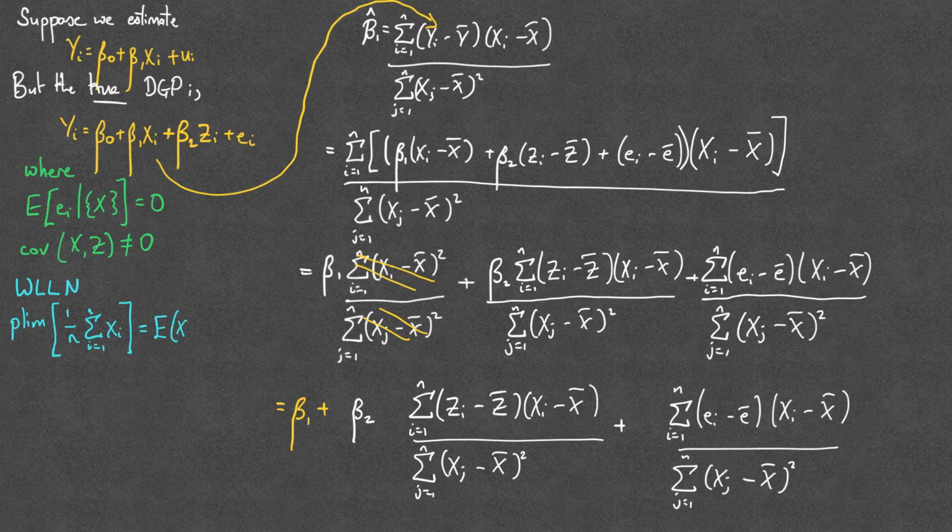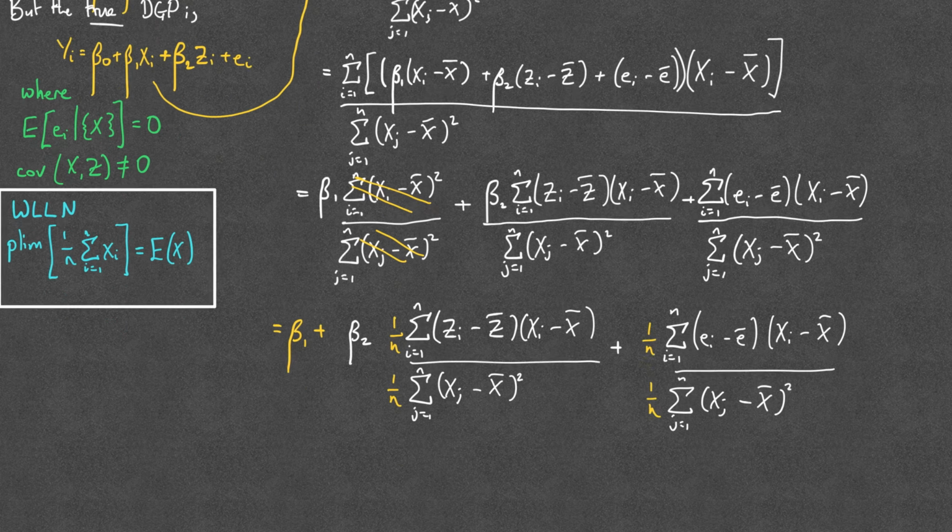So the probability limit of the sample mean of x is just equal to the expectation of x. So because we're going to want to take the probability limit of beta 1 hat, a good step right now would be to divide top and bottom of each of our fractions by 1 over n, so that we can make our life easier later.